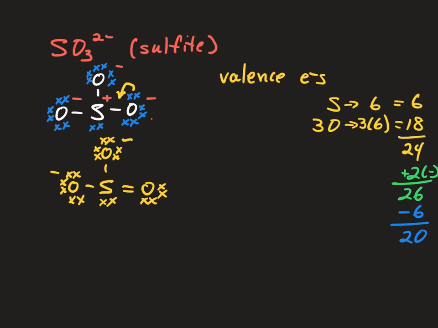And that would be an acceptable structure. And again, we could have done this with either of these 2 oxygens. So we have to be aware that there are 2 more resonance structures that we could draw for the sulfite ion. All right?